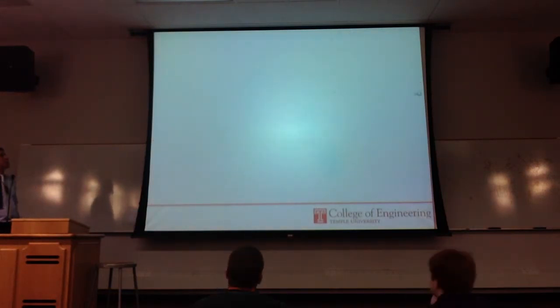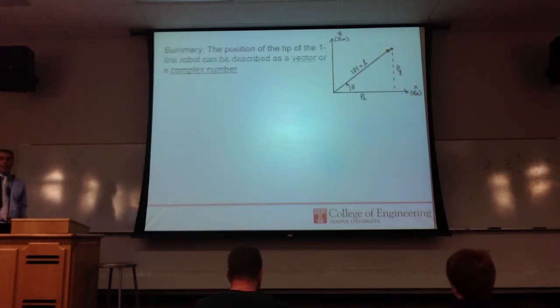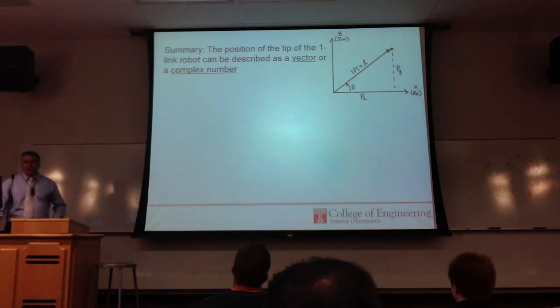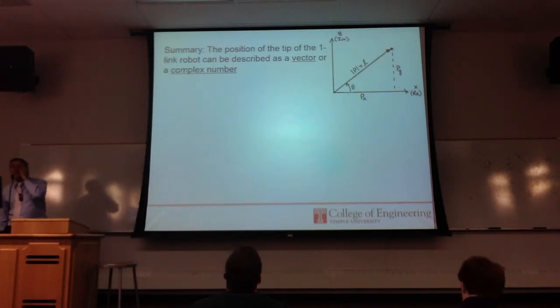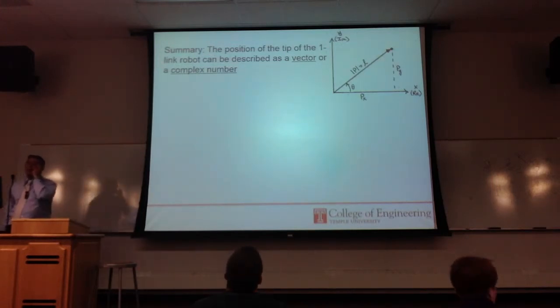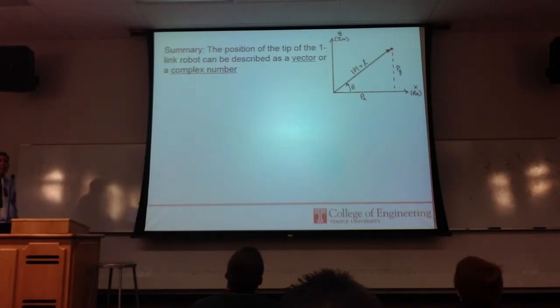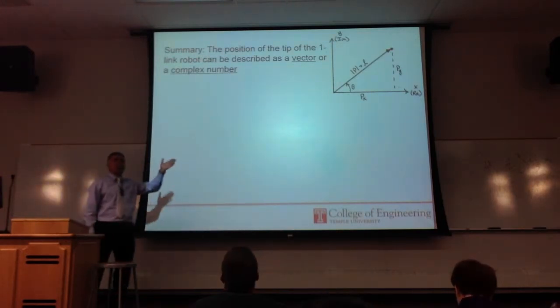So, going back to what we have again, if I want to summarize it, I can simply say that the position of the tip of a one-link robot can be described as a vector or a complex number. If I want to describe it as a vector, what do I say?